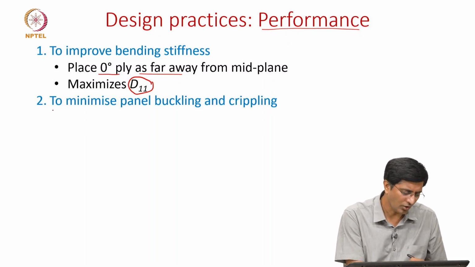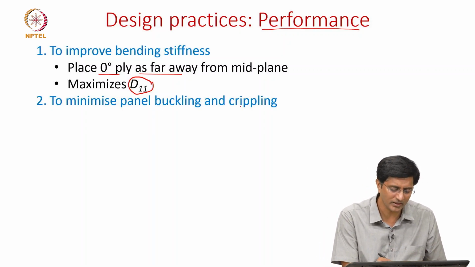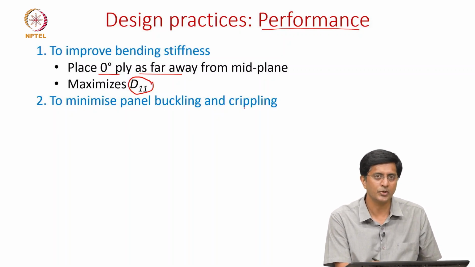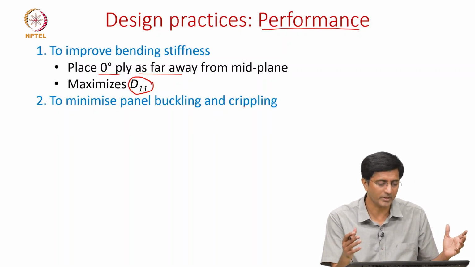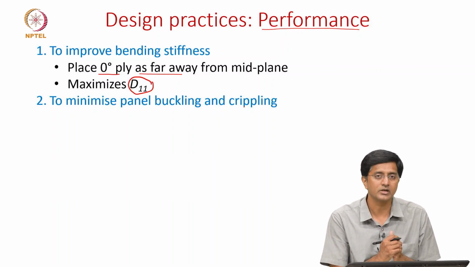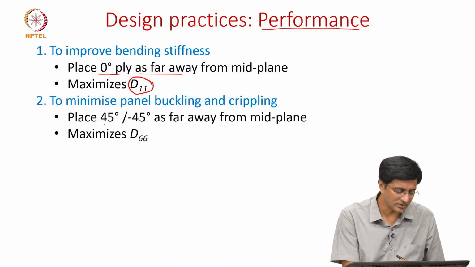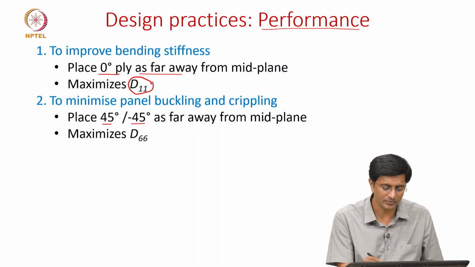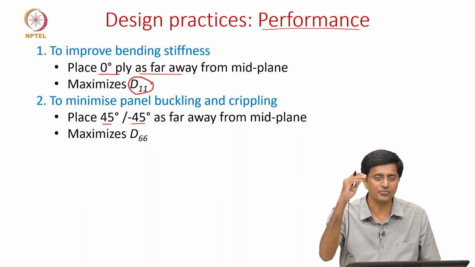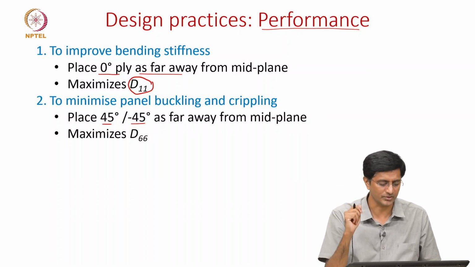Next, let's see how we minimize panel buckling and crippling. There might be some applications where you are applying a compressive load and you are concerned about how to avoid this buckling of these panels. The way to go is to place the 45 degrees and the minus 45 as far away from the midplane, either at the top face or maybe in the first two or three plies, either at the top or the bottom face.